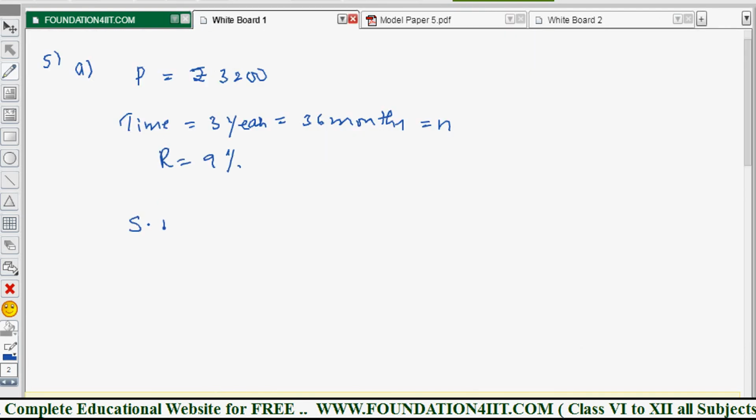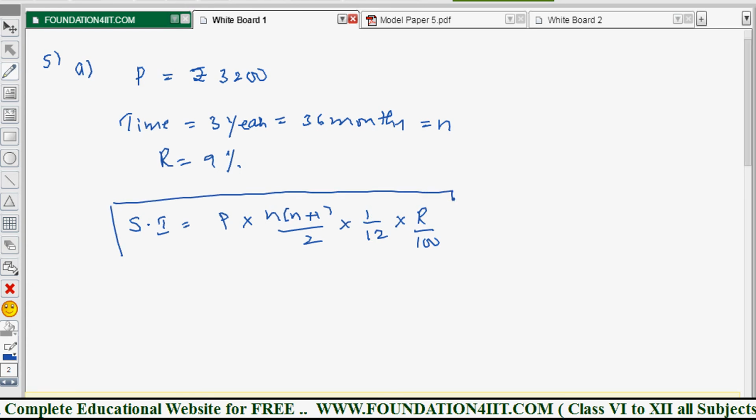Now the simple interest formula will apply directly. So P into N into N plus 1 by 2 into 1 by 12 into R by 100. This is the simple interest formula in this recurring deposit. Now let us apply this simple interest formula by substituting all the values.